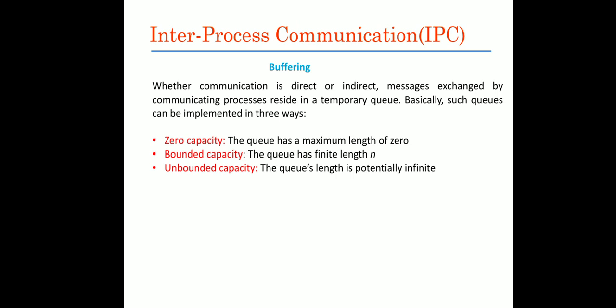For implementing any message passing, direct or indirect, the message has to be stored in some intermediate node or system. Where the data is stored, those queues or memories can be implemented in three ways: zero capacity, bounded capacity and unbounded capacity.